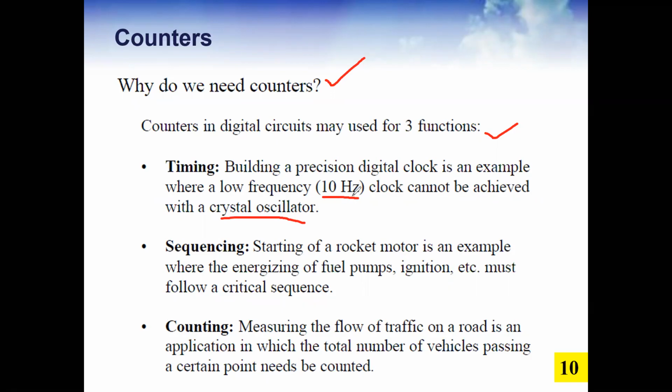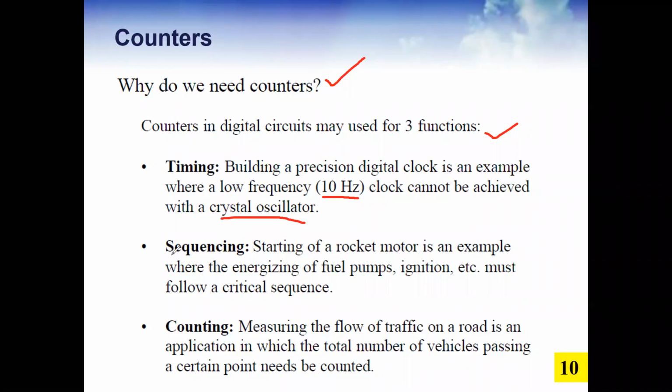We need a digital solution, which is a counter, used for the timing. Like in a digital clock, we have second counting, which starts with 1, 2, 3, and reaches 59. After 59, it resets to 00 again.